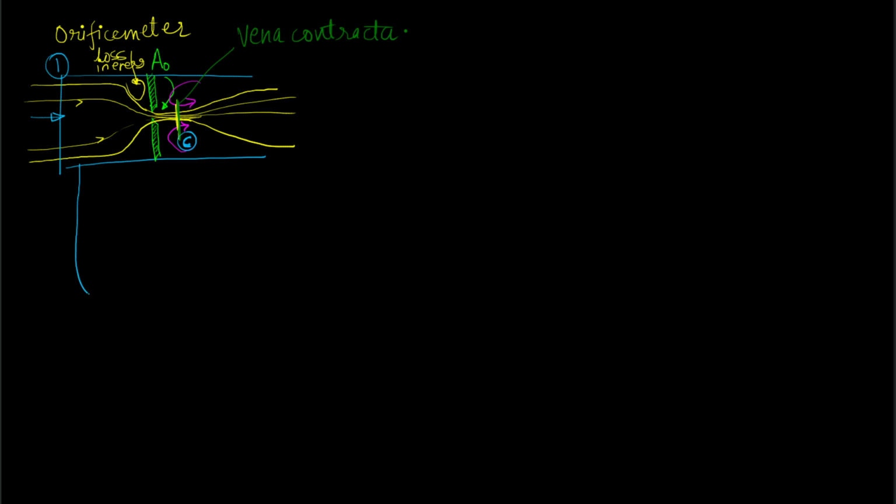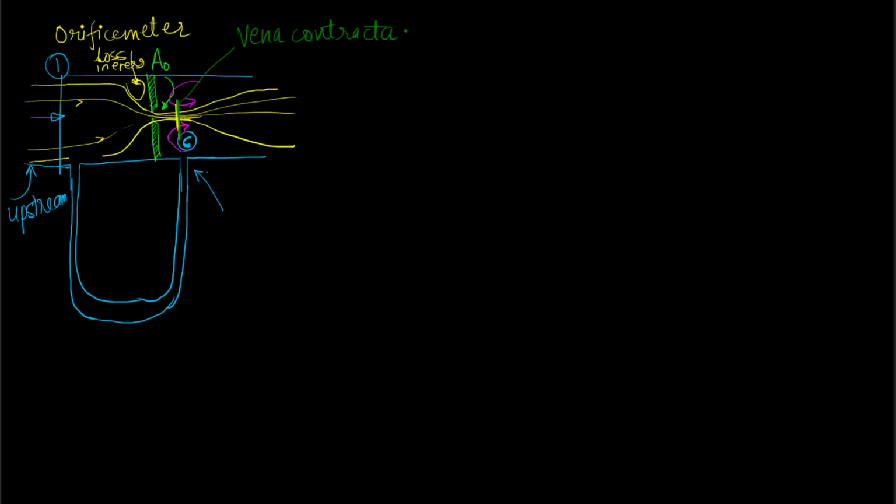So a manometer tube is connected by drilling holes at the side of the pipe, such that one end of the manometer pipe is residing upstream of the orifice. So this direction is called the upstream direction, while the other end is in the vicinity of the section of the vena contracta.